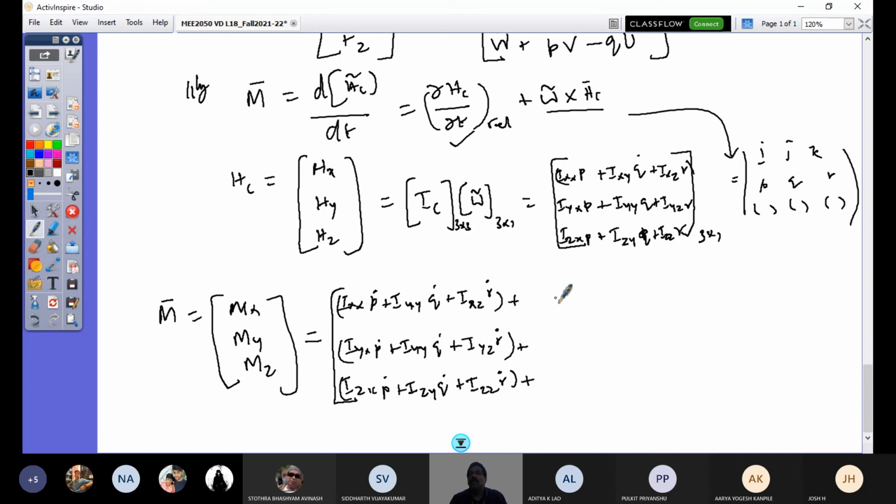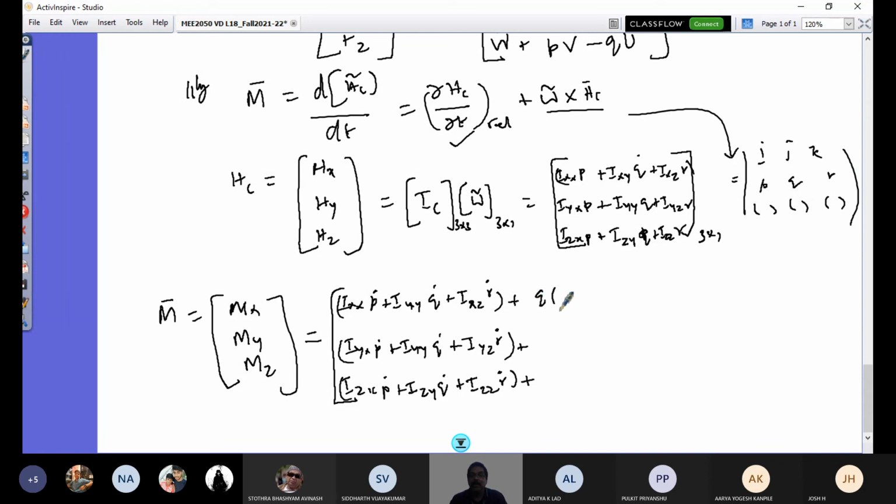So here, the term is going to be i into (q times this minus this). So that term is what I'm writing here. So q into Ix, that's going to be the third term. So it is going to be Izx p plus Izy q plus Izz r, minus q into this, minus r into this.